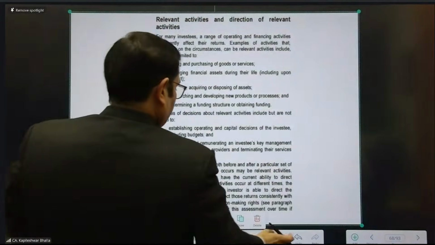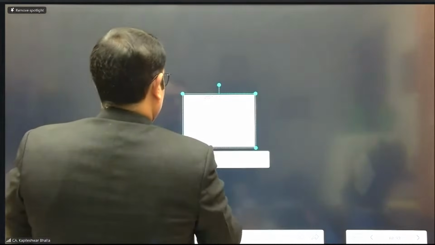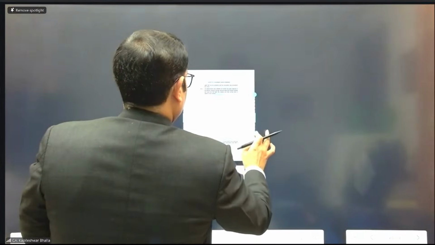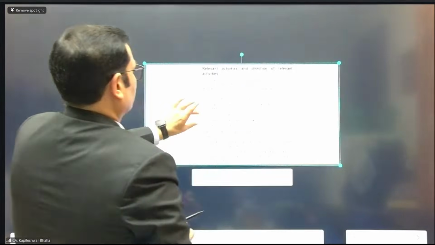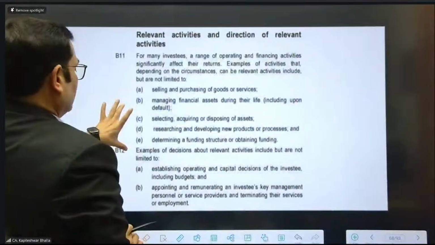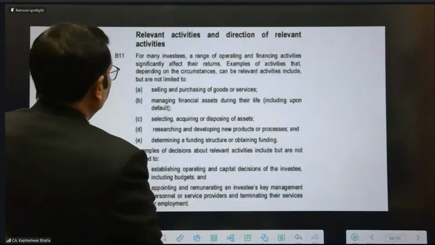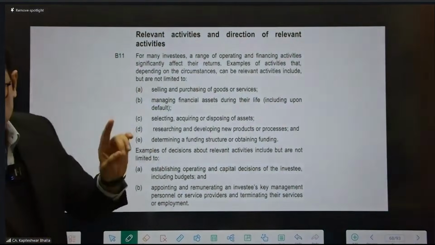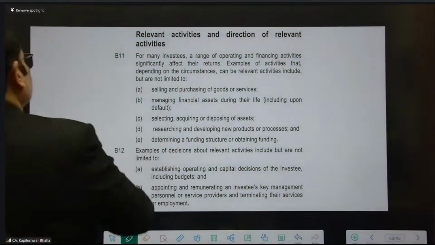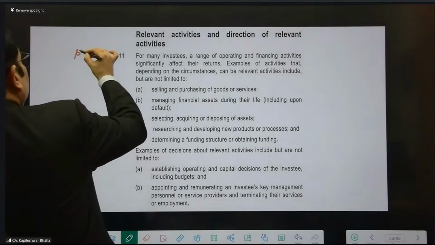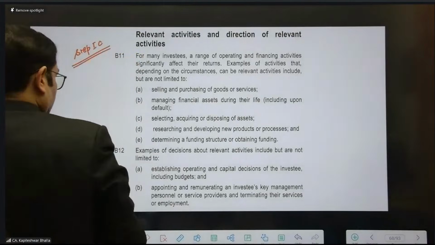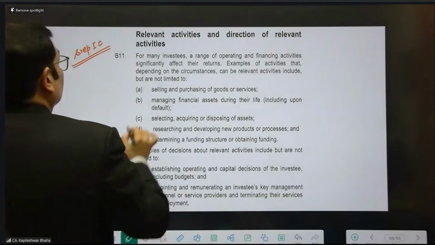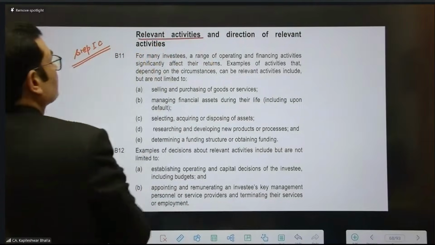Maybe I can crop this further because I don't need this. Yes, I think this will be visible enough. So we're looking at paras B11 and B12. We are working on step number 1C, that is, on the concept of relevant activities.